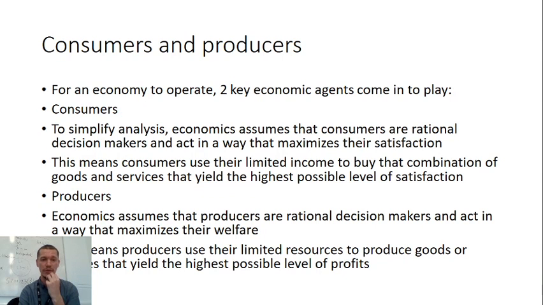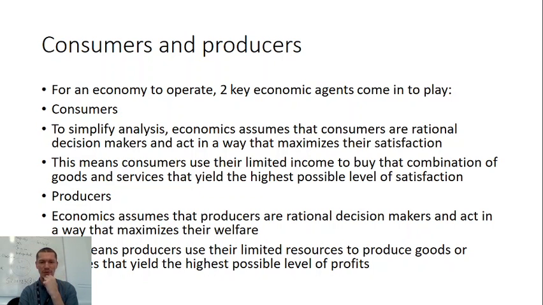So I, 4th bullet point, use my limited income to buy this good. And obviously I don't just buy shirts, you know, I pay the mortgage, I pay my bills, I buy whatever, but my limited income, my scarce resource of money, buys the combination of goods and services that gives me the maximum level of satisfaction. If I had more money, my wants and my needs would change to another level of satisfaction.